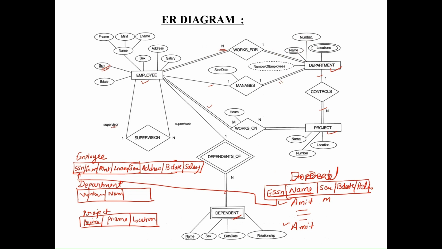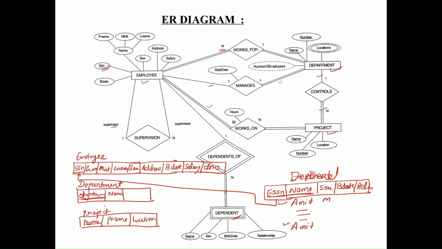So here I will add DNO, department number, meaning a particular employee who is working in a department number. This department number is the primary key of this table, D number.